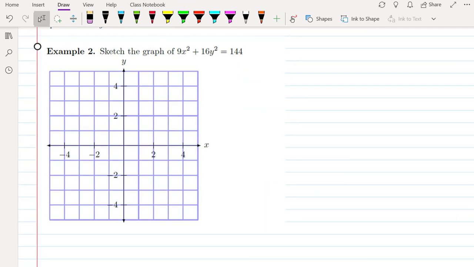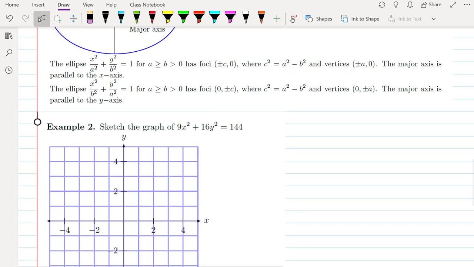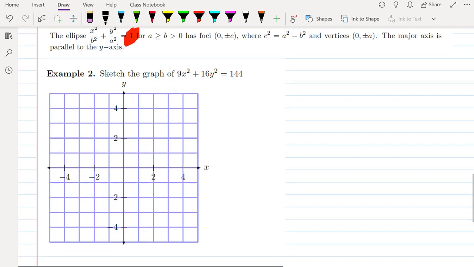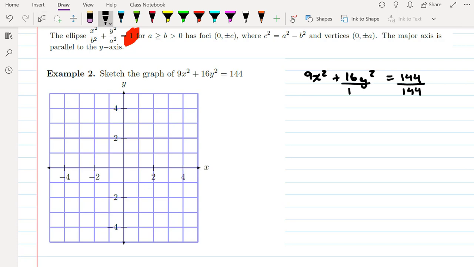To get our graph into one of these forms, we'll notice that in both of these, and we don't know which one we have yet, the constant on the right-hand side is always the number 1. So we need the right-hand side to be equal to 1, so we are going to divide all parts of this equation by 144.